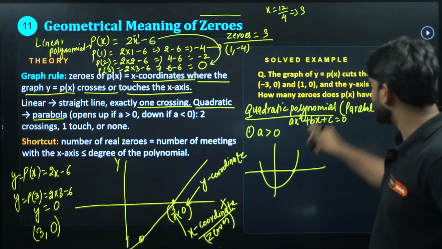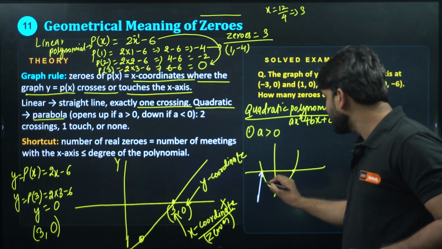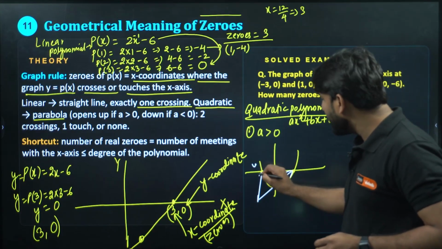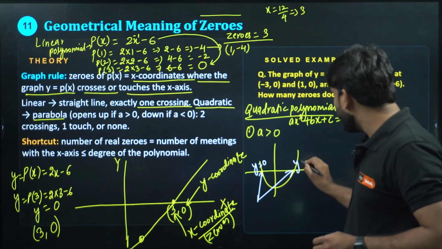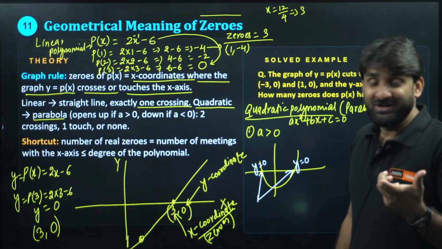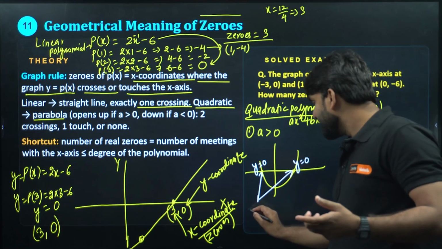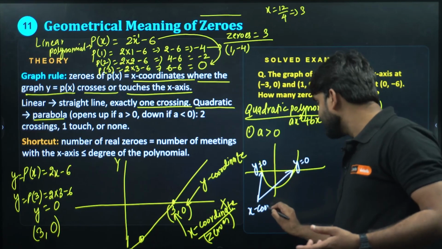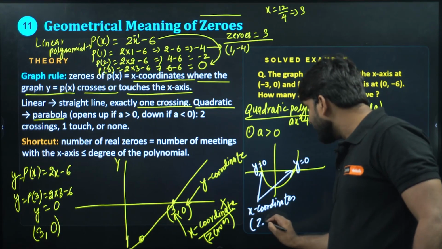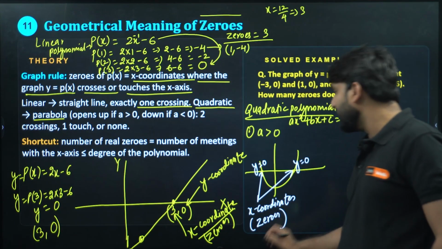Two intersections. At these two intersections the y coordinate will be 0, and if the y coordinate is 0, these x coordinates will be the zeros. I hope this is clear to you all.